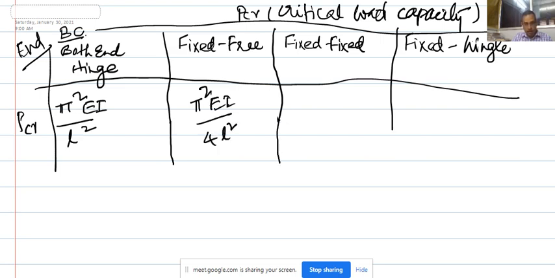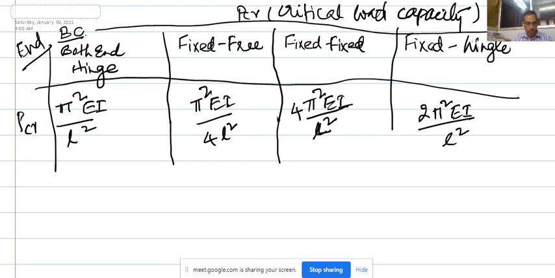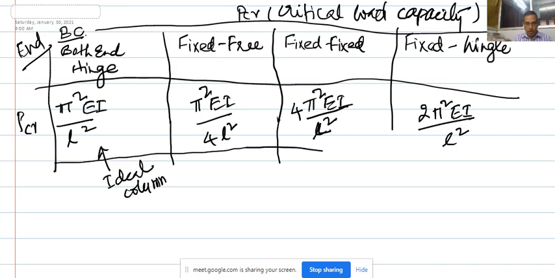For fixed and fixed, it is 4 times pi square E I by l square. For fixed and hinged, 2 pi square E I by l square. We also said the both-ends-hinged case is an ideal column, and we compare all other column end conditions to the first one.